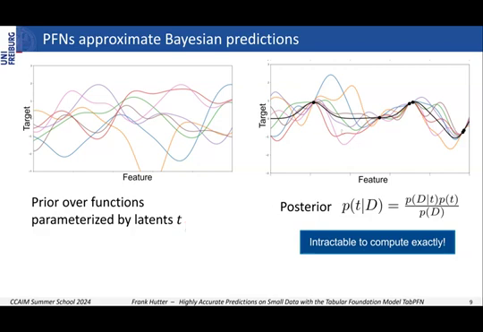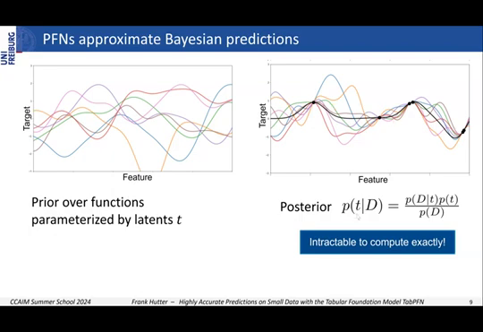And then when we actually observe some data points, so we observe for these feature values we get this target, this one, this one, this one, and this one. Then this constrains the space of functions that is compatible with this type of data. And we can build a posterior over functions that is compatible with these observations.